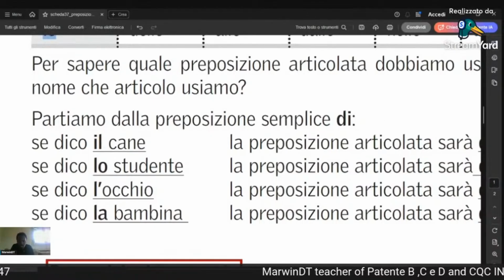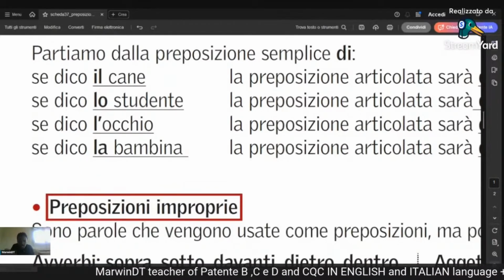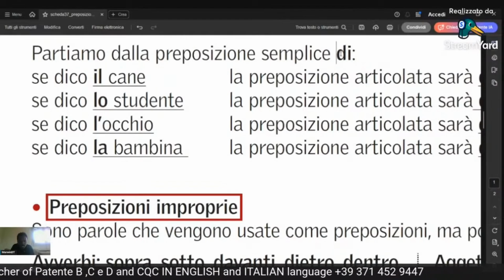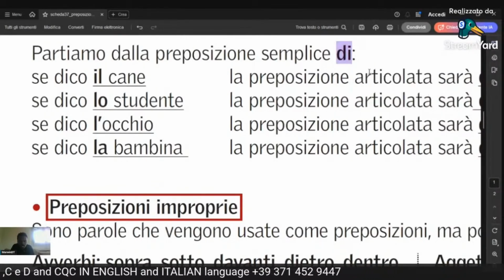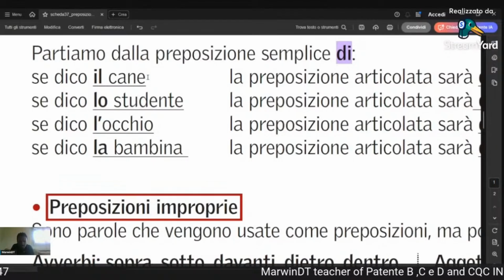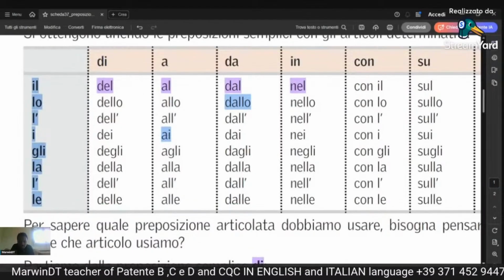So, starting from the simple preposizione, and it gives us the example, di. So with di, we have se dico il cane. Se dico il cane, let me reduce it so that we can understand very well.